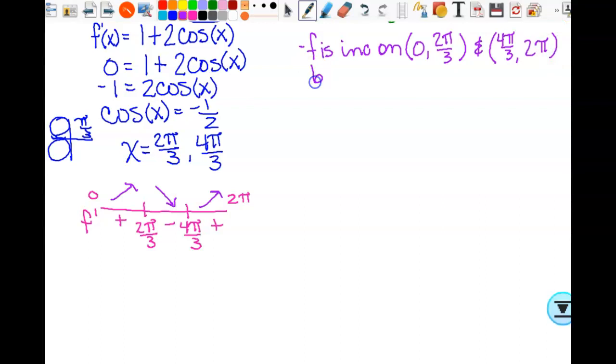Because why? F prime is positive. And I might put greater than 0 this time, but it's the same thing, right? Just so you know it's different however you want to say it.